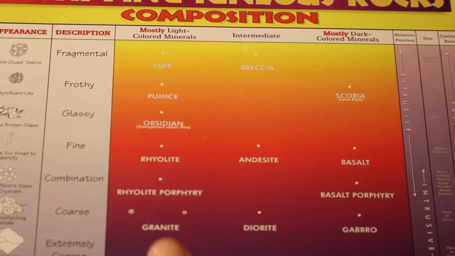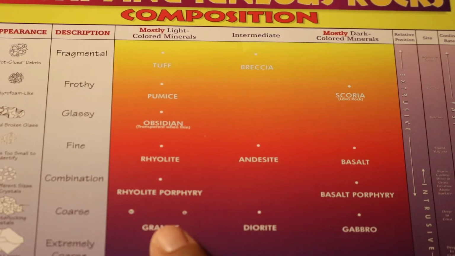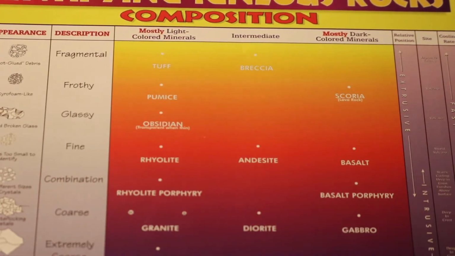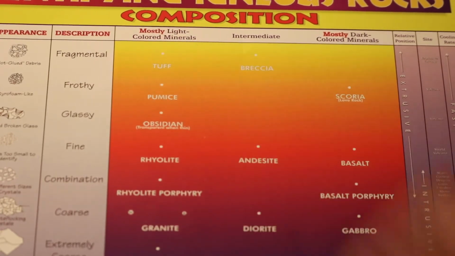So felsic rocks, those that contain more silica in it, are more light colored because they contain mostly light colored minerals. So remember, our more siliceous minerals like quartz and potassium feldspar and muscovite are all lighter colored minerals.